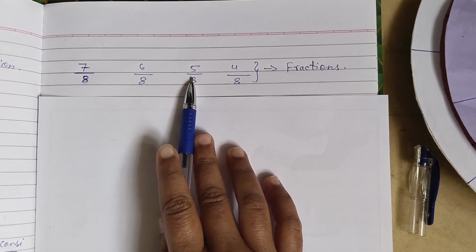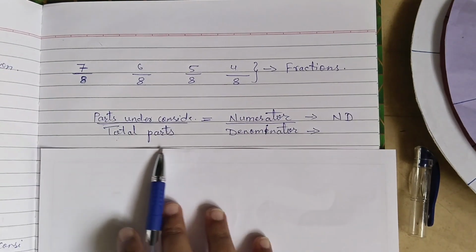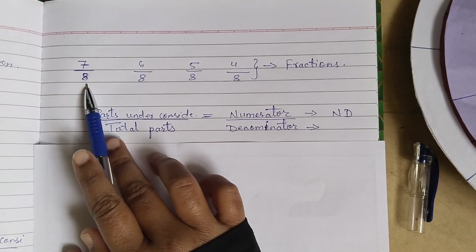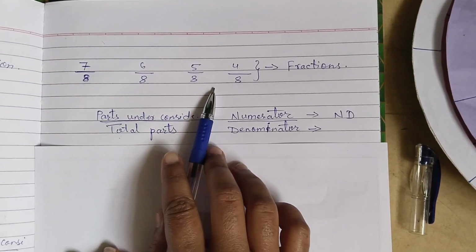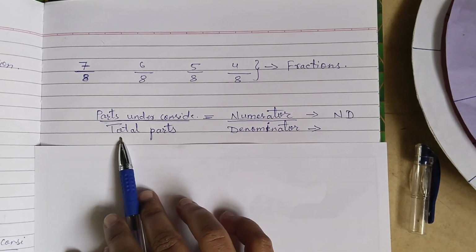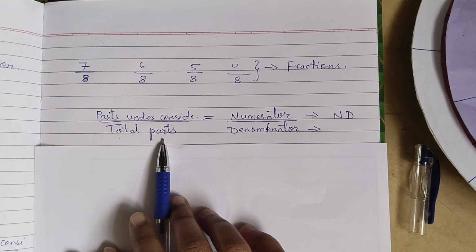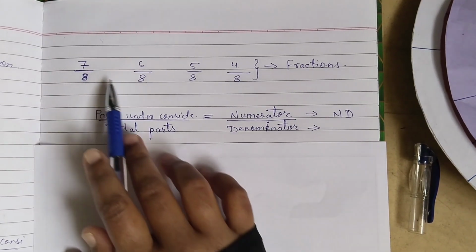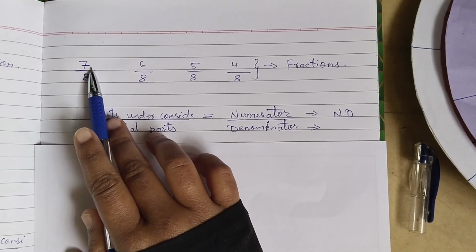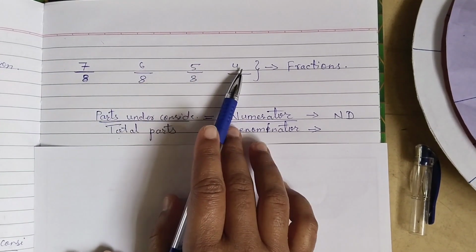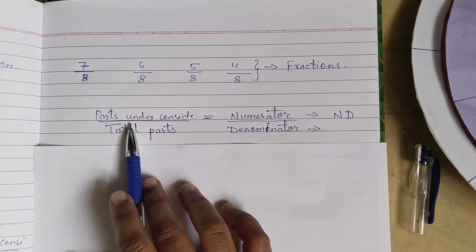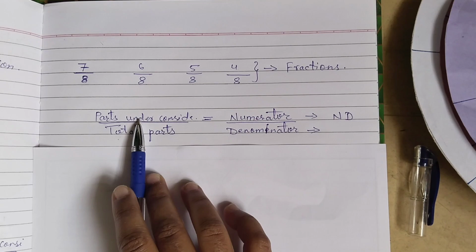Now see what we can observe here. The greater number which I have written at the bottom represents the total parts, and the number written at the top, 7 6 5 4, are the parts which are under consideration.